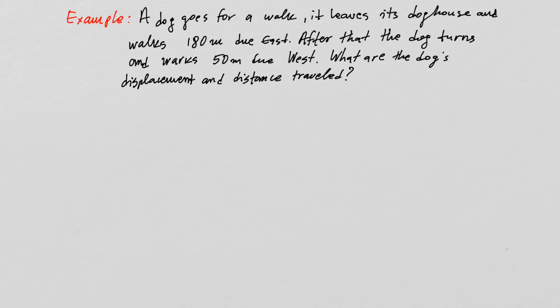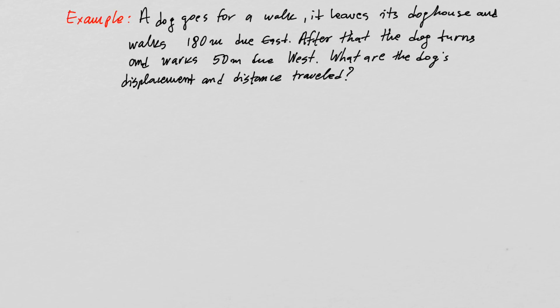Here's another example. A dog goes for a walk. It leaves its dog house and walks 180 meters due east. After that, the dog turns around and walks 50 meters due west. What are the dog's displacement and the distance traveled? So this problem is very similar to the previous problem.